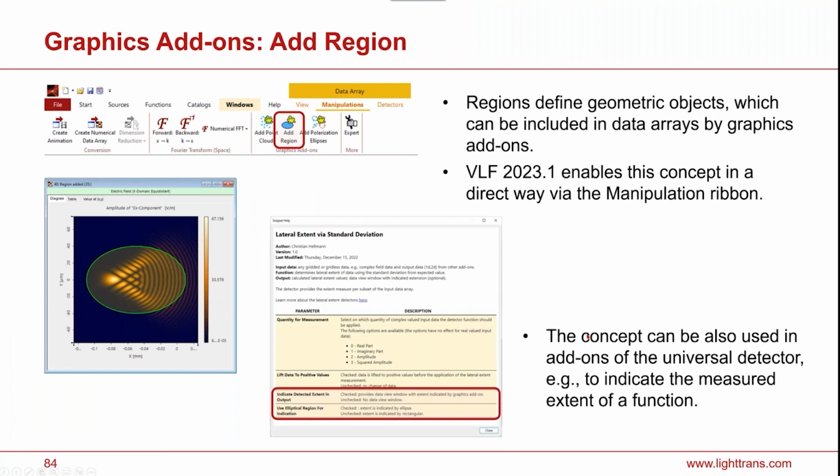And then I mentioned we have detectors, for example, for lateral extent calculation, and the result can be illustrated in the figure, so you see where the resulting size is there. You can just add it, and the detectors can optionally add this information to your figure to see it.